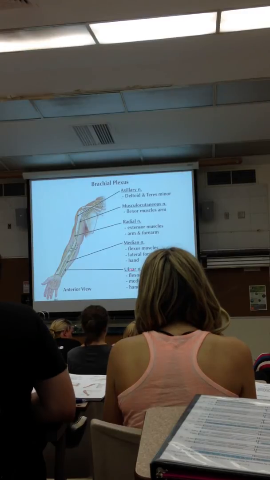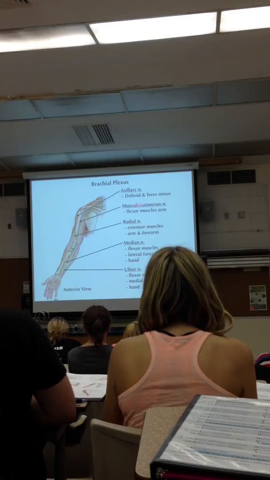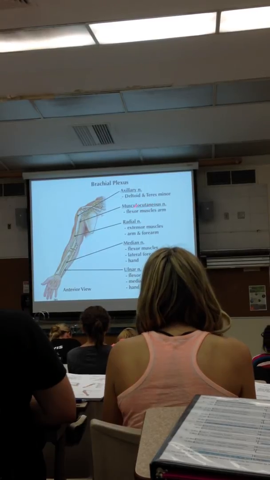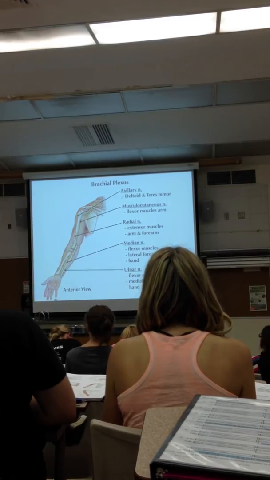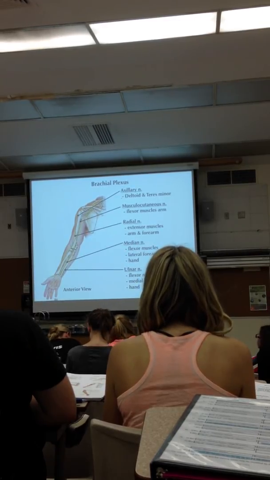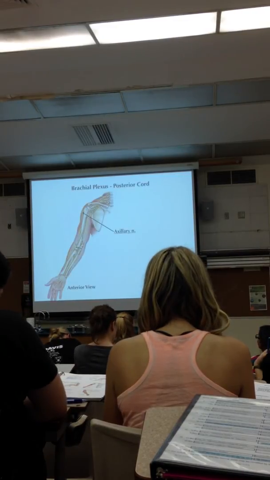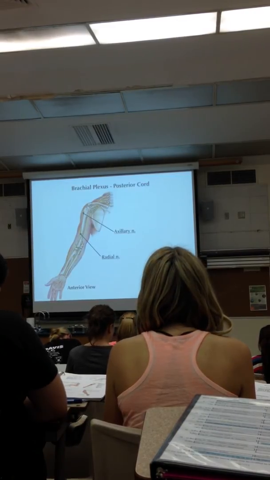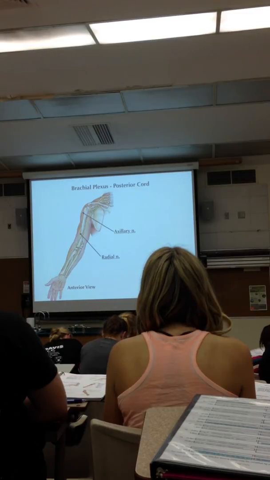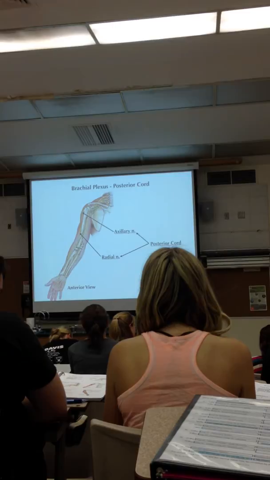Now remember, musculocutaneous comes from the lateral cord, ulnar comes from the medial cord. Median is a branch from both of those, okay? I know you're going, you gotta be kidding me. There's that axillary again. These are branches of the posterior cord and the radial, okay? This is what comes from the posterior cord.